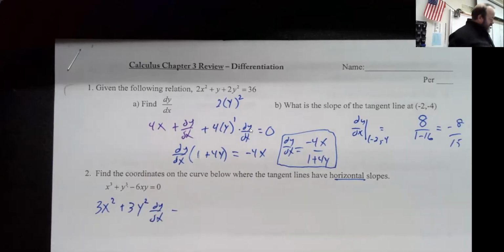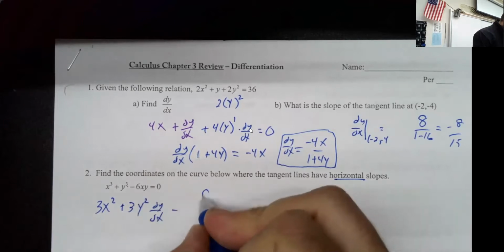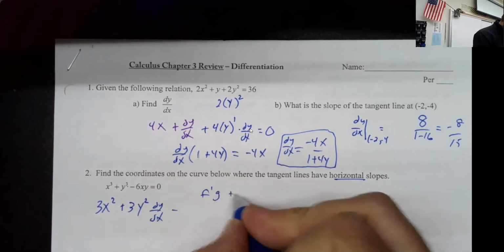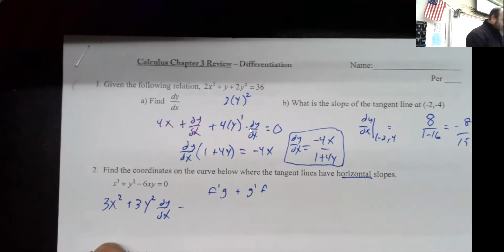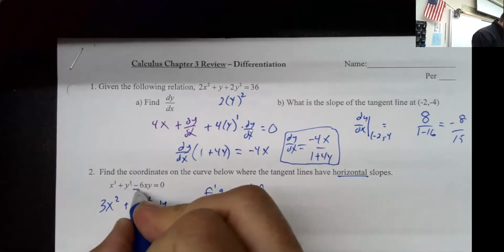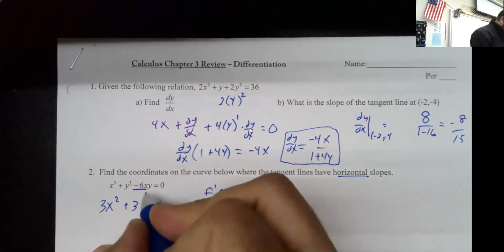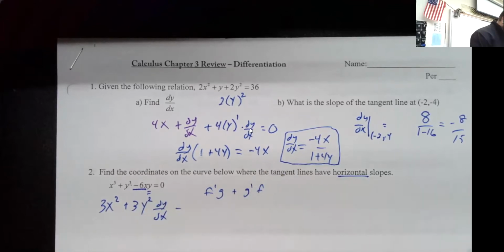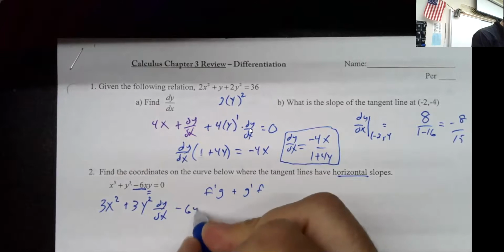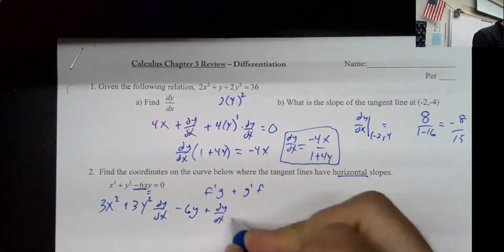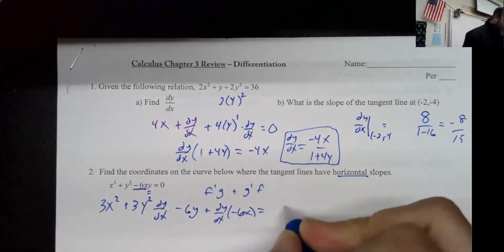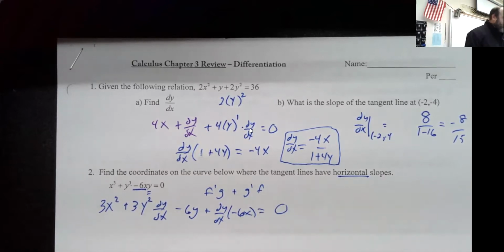Now, we're getting into a little bit of dicey territory here because this is a product, and so we're going to do f prime g plus g prime f, as we keep kind of saying. So I'm thinking of this portion right here, the negative 6x, as f, and I'm thinking of the y as g. So f prime g plus g prime f, and of course the derivative of 0 is 0.